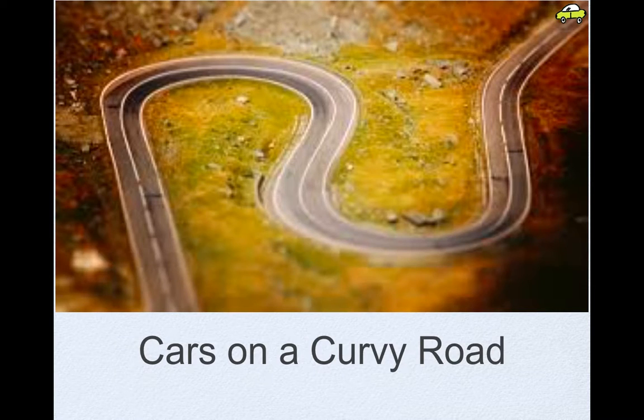Okay, let's put this into a real life situation. Let's talk about a car on a curvy road. We have a car and it is going to travel along its curvy road. As it goes through the curve, it has some centripetal force, and then it comes off going straight again. So let's take a look at the car at this point. We know that the car is currently traveling this direction.